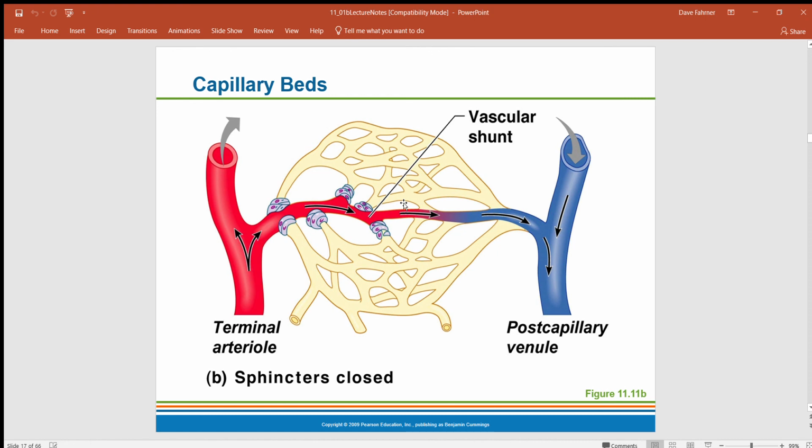So during cold weather, we would shunt a lot of the blood flow that's going into the capillary bed to where it would be on a minimal basis to supply tissues with nutrients. In hot weather, we would completely open up the sphincters and allow as much blood to get into the capillary beds as possible. And that's why in hot weather your skin would be a reddish color, and in cold weather it would be a more pale color, because of the vascular shunts that are involved in the blood flow in the capillary beds.